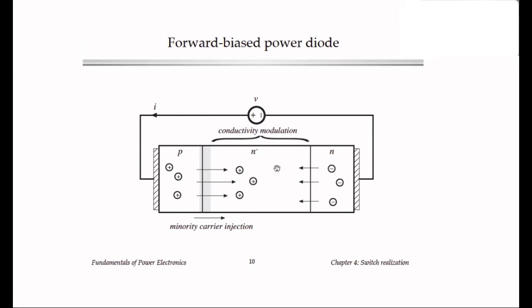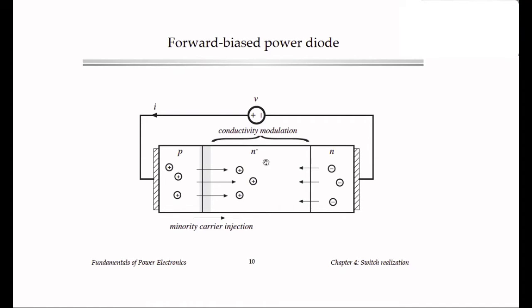They provide charges that are able to conduct the current even though the doping concentration is low. And in fact, electrons from the N region can diffuse into this N- region as well. And so we get a large concentration of minority carriers in the lightly doped region that gives us a low on resistance.